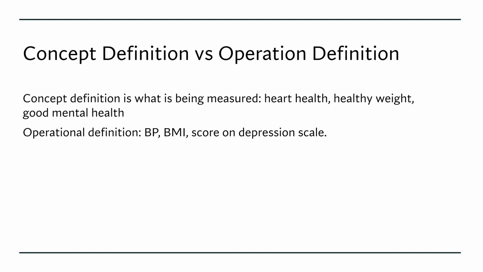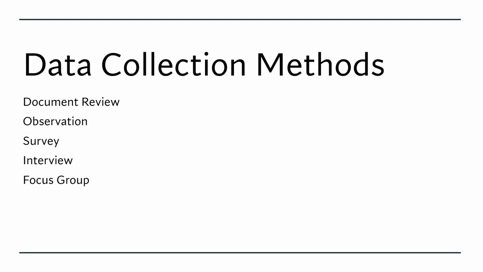This is what you would typically think of when asked about the relationship between research and the research question. It relies on the conceptual definition. For example, how do we measure mental health? Scores on depression scales, and so on.